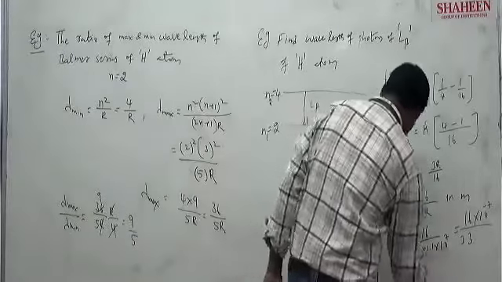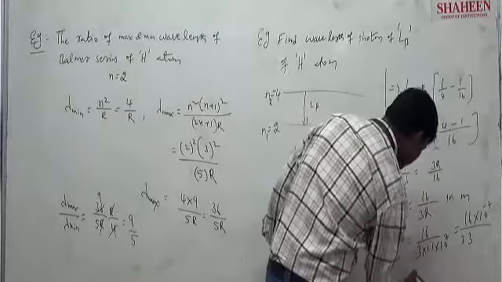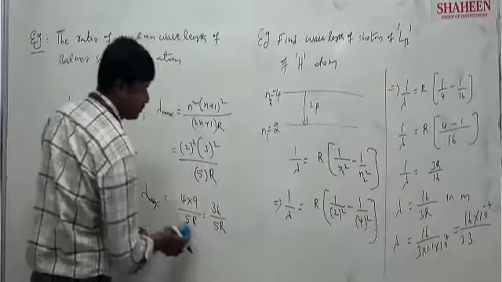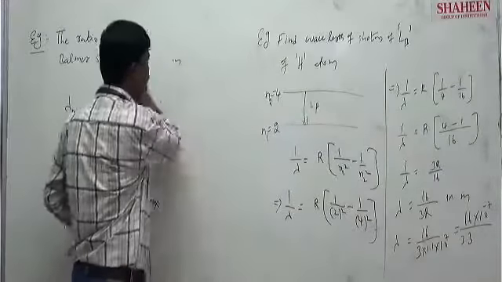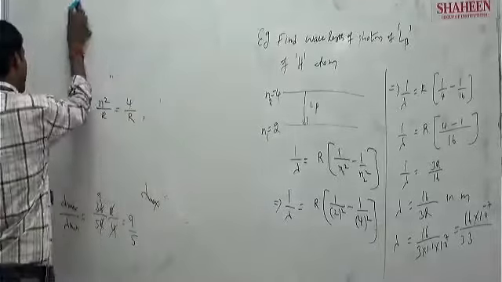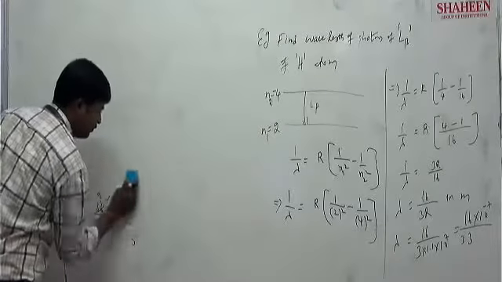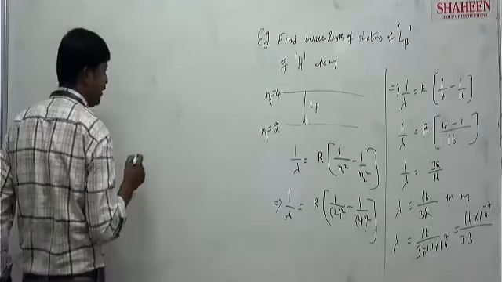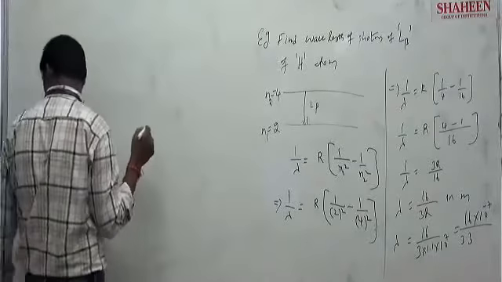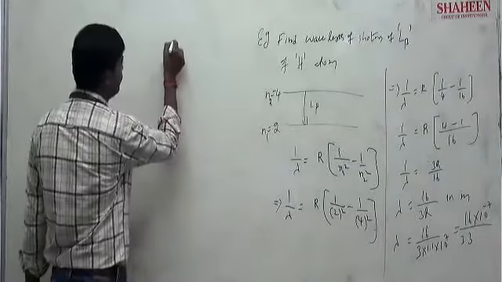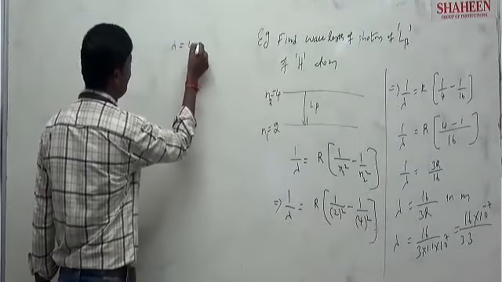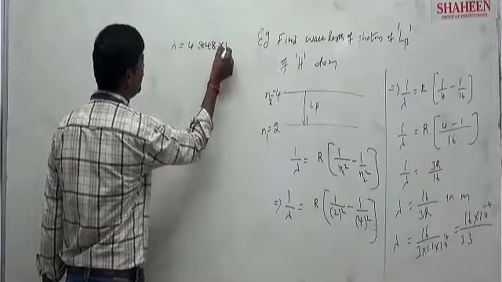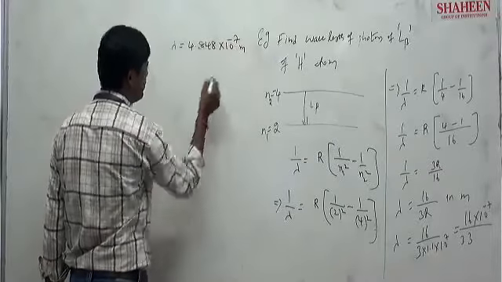It is coming 4.848. So lambda is coming 4.848 into 10 power minus 7 meters.